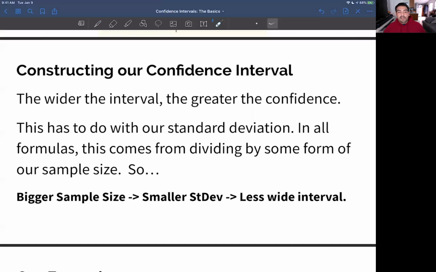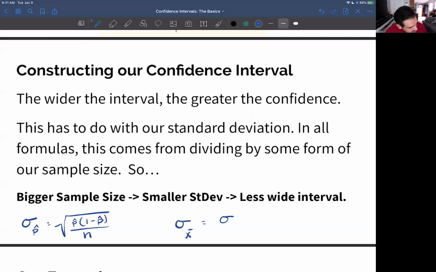So we need to think of our standard deviation, right? The bigger the sample size we have, we're going to get a smaller standard deviation. If you remember our formulas, the standard deviation for proportions was the square root of, just going to write the formula out. And if we're talking about the standard deviation for sample means, we had this formula.